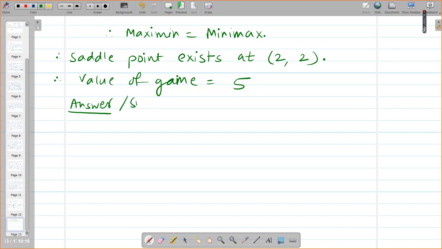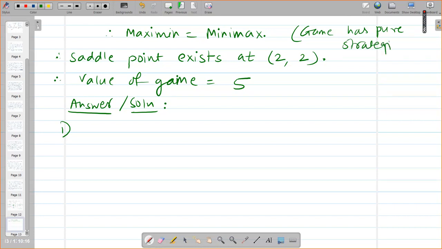Answer or solution to this game is, first one, what are the strategies of player A? Now, once you understand that maximin equals minimax, the game has pure strategies. If they are not equal, the game has mixed strategies. Game has pure strategies.